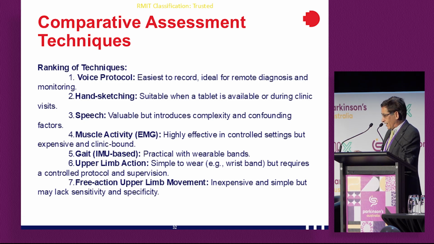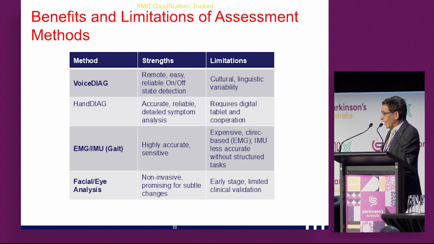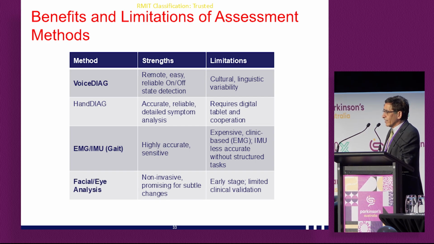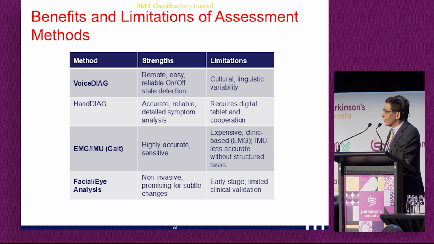Now, I think we've already spoken about the 6 and the 7 together. Looking again at the benefits and the limitations, I think I already mentioned that in the previous slide, but I've tabulated it here. In the voice, issues come up like the cultural, the linguistic, and gender. In our research, I believe we've overcome the issues of the gender differences, but we've not considered the other ones fully.